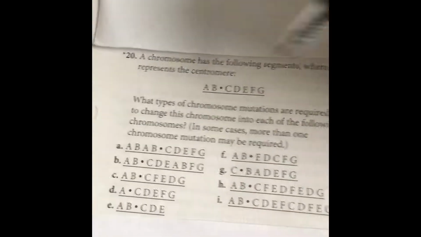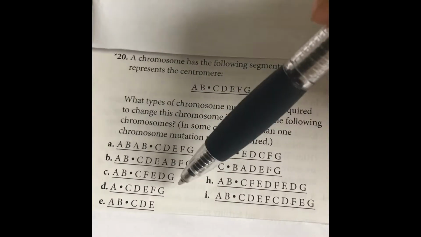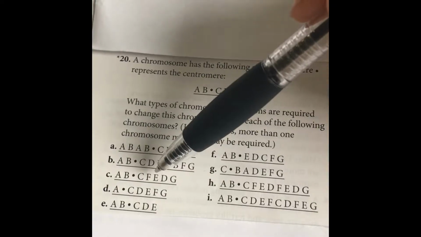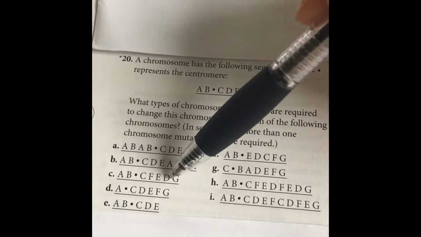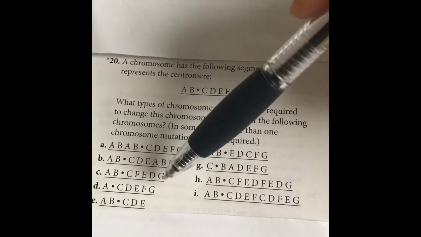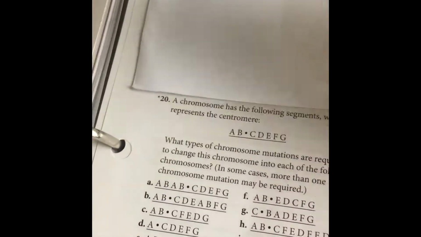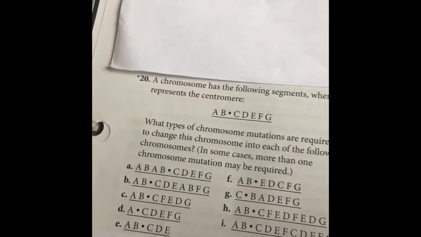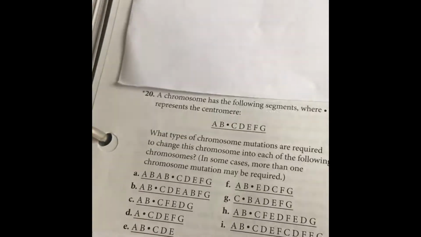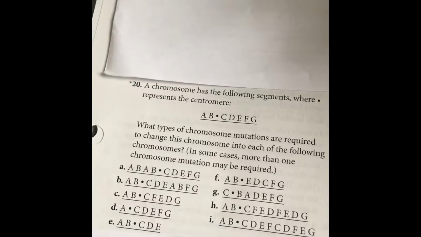Okay, and then for C, A, B, C should be D, E, F, G. So this would be an inversion because the ordering got switched. So instead of D, E, F, it's F, E, D. So these three nucleotides went through an inversion, but now I'm going to think, is it pericentric or paracentric?